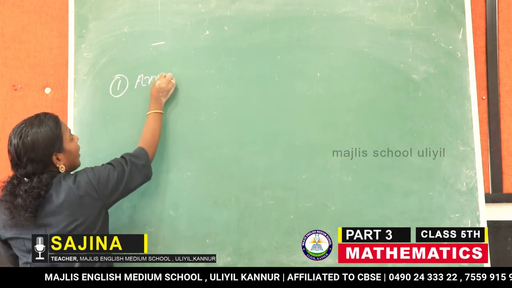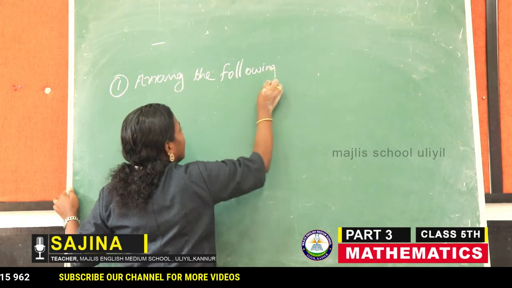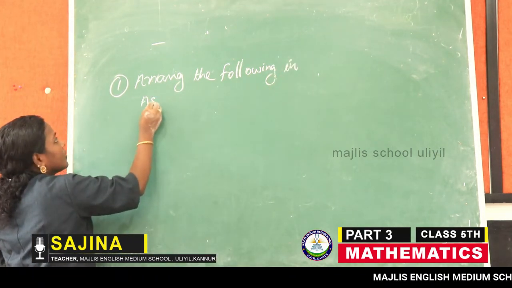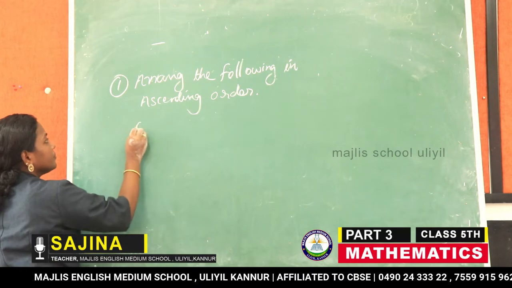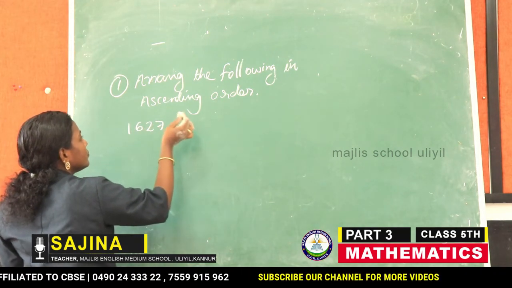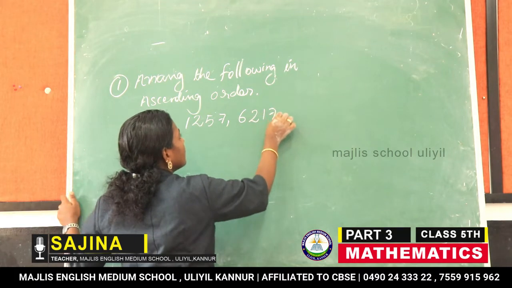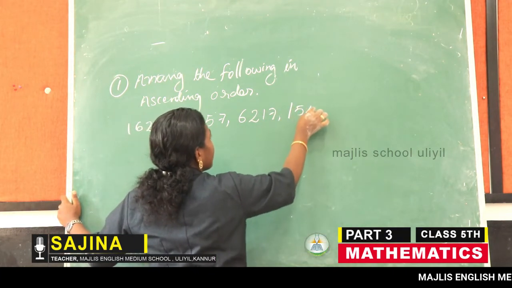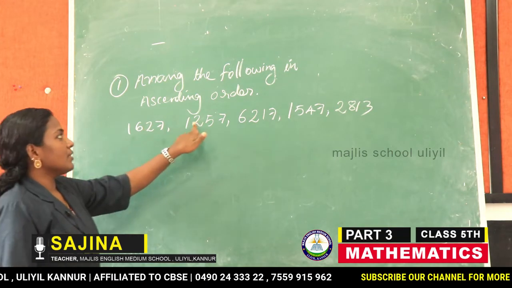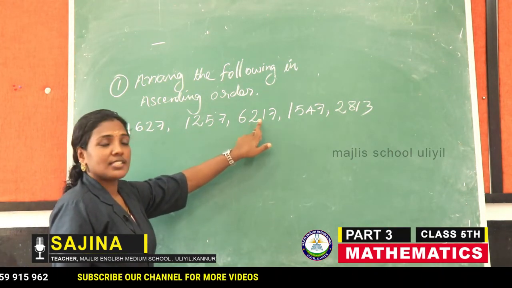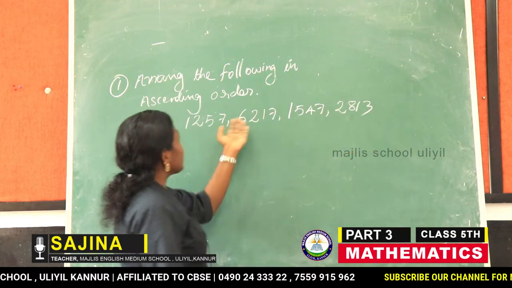First one: 6,1627, 1,257, 6,270, 1,547, 2,830. Arrange this in ascending order.